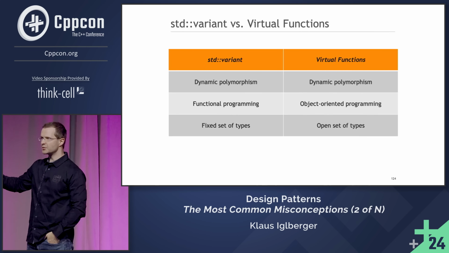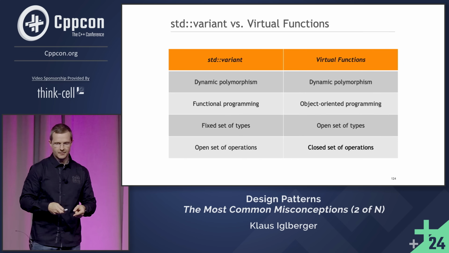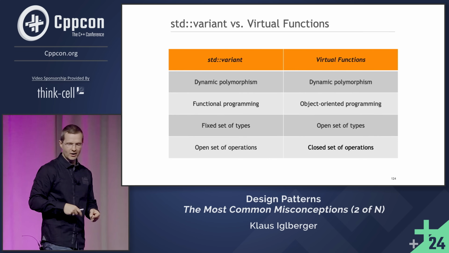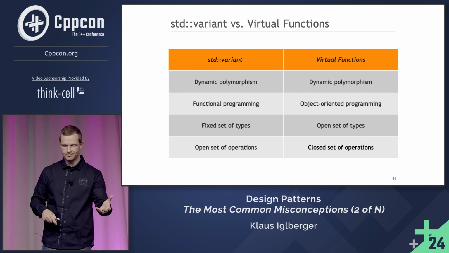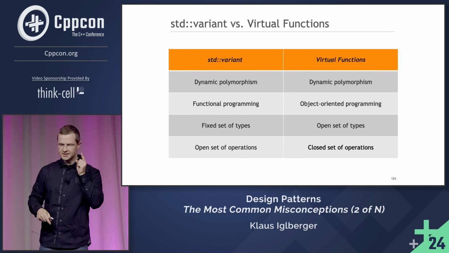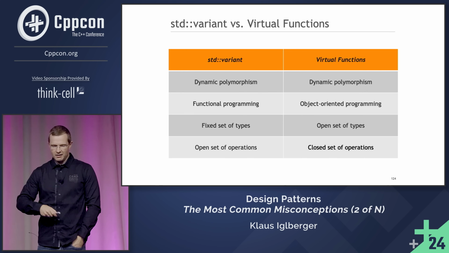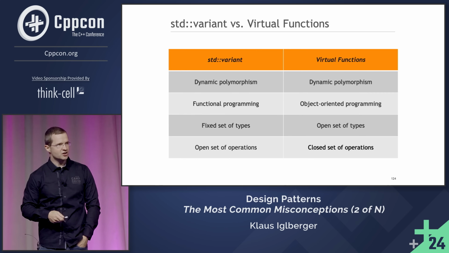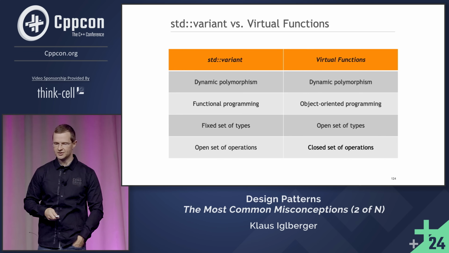I cannot do this with a state variant. But for operations, it's just the other way around. For state variant, you can write new operations that you can just apply via state visit. So you have an open set of operations, but you cannot just add a virtual function to some abstraction that you don't have control over. So it's a closed set of operations.